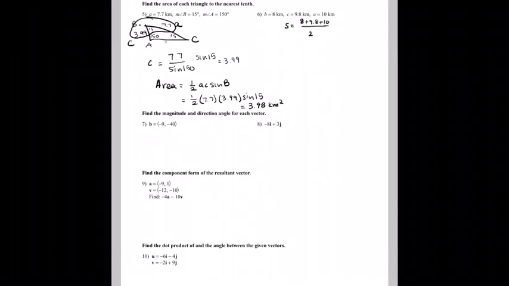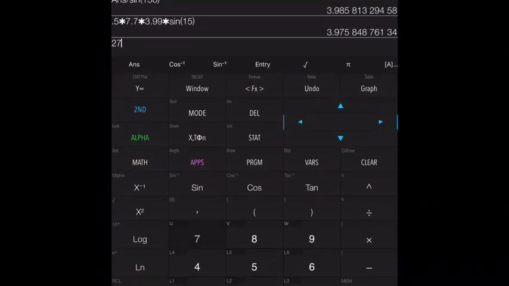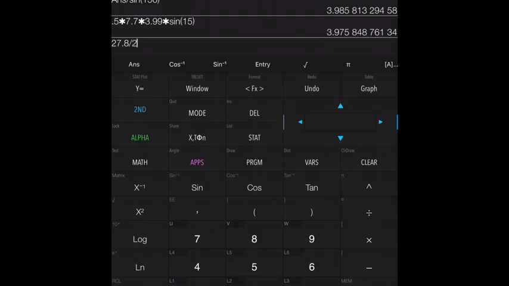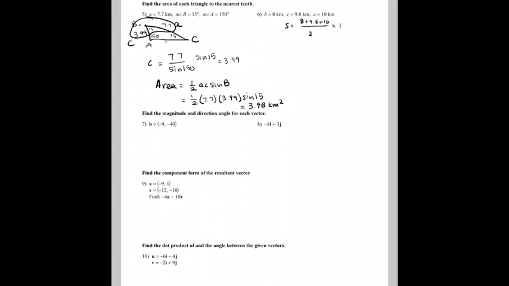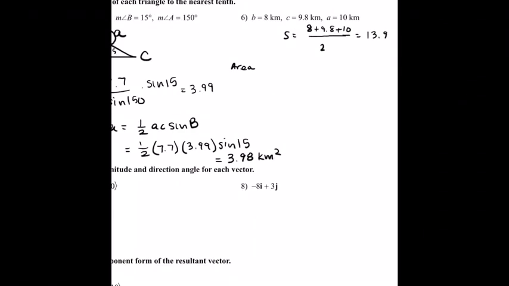So we have 9.8 plus 8, that's 17.8, plus 10 is 27.8, divided by 2, that's 13.9. And then the area formula was the square root of S times S minus A times S minus B times S minus C.